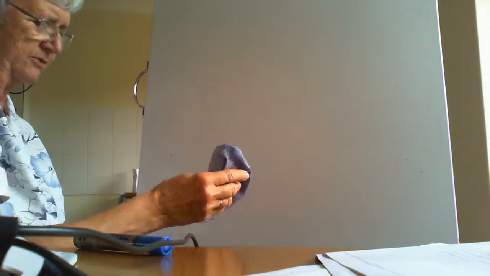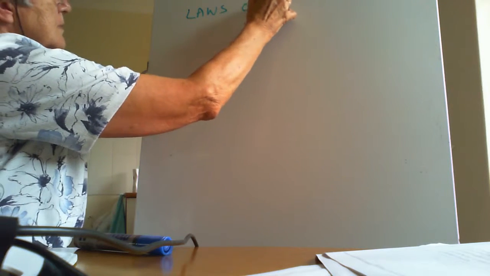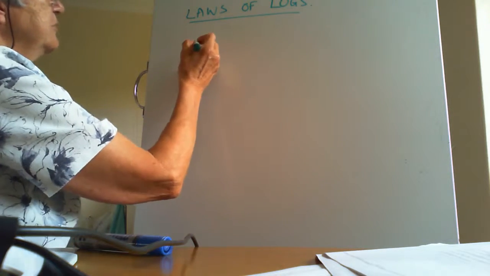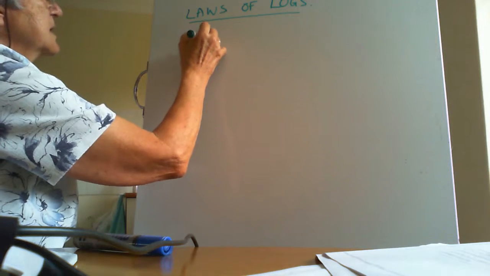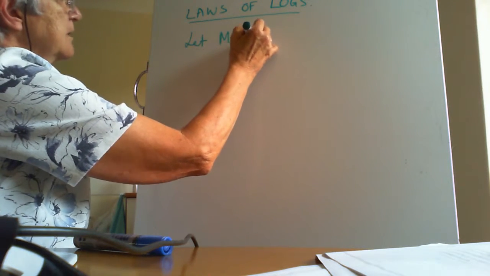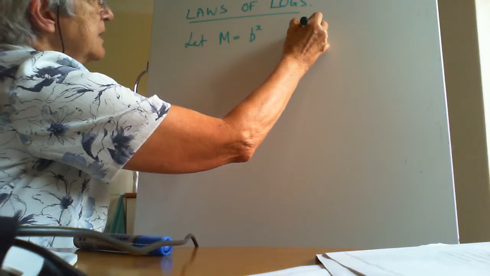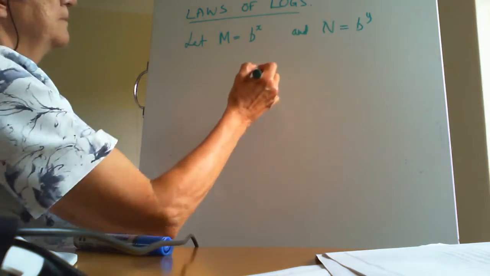There are a number of laws of logs that you need to be aware of, so let me just go through them with you. Before we actually prove the laws, we're going to start with some introductory statements. Let's suppose that we deal with the number m, and that it is a particular base b to the power x, and then another number n is the same base to the power y.